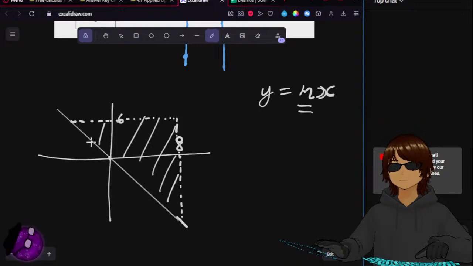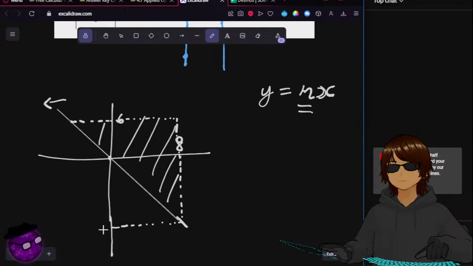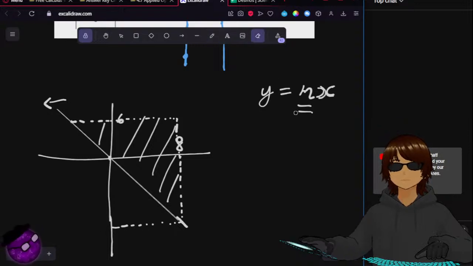If the line rotates that side, the area would become longer. Basically the area would be like this. Not negative, wait. I mean like this. Need to find the shortest path. So over here, it's 6. Let's remove this.